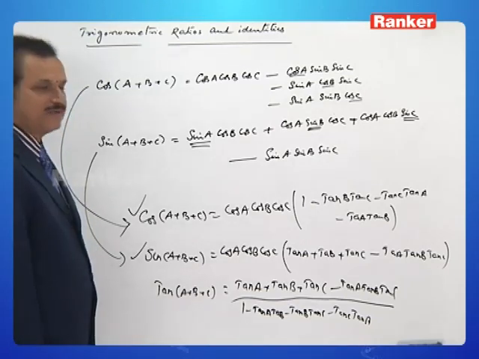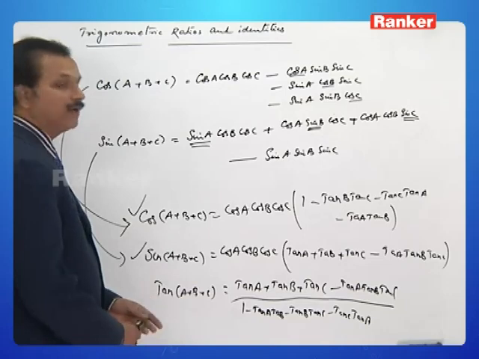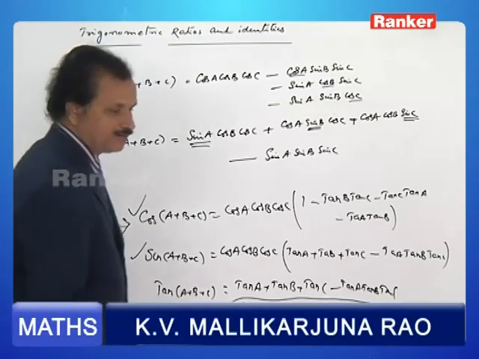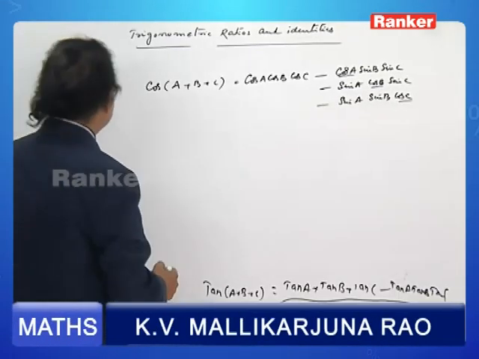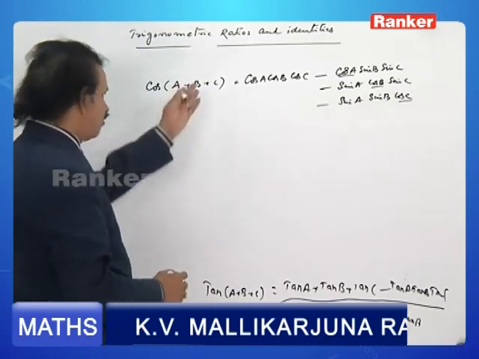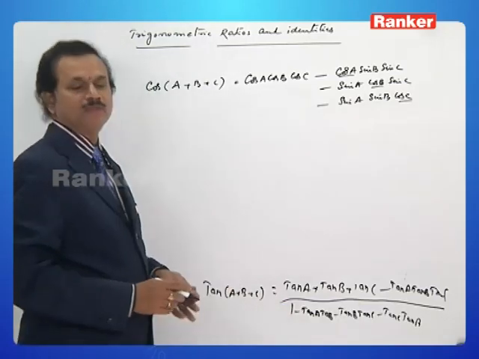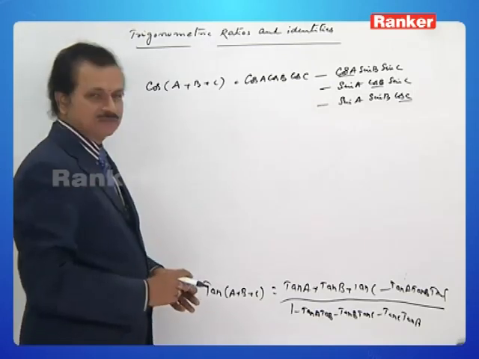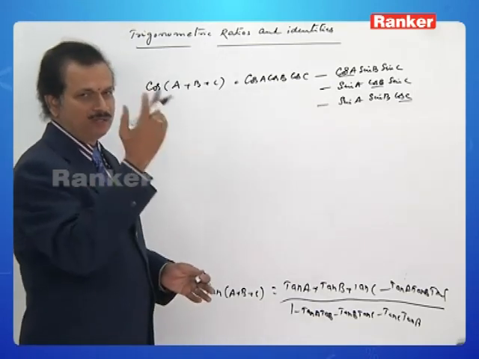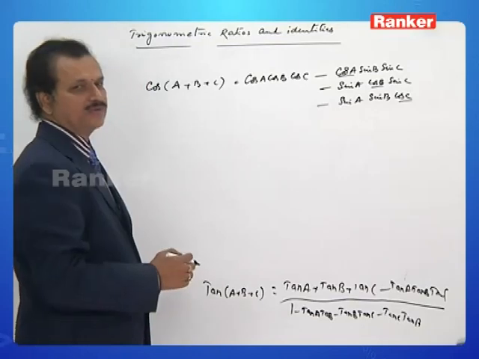Next, let us make use of this formula and this formula to have cos 3A and tan 3A. Well, my dear, we have cos of A plus B plus C before us. Let us replace both B and C by A itself. What is going to happen?